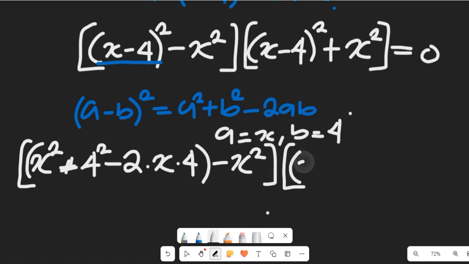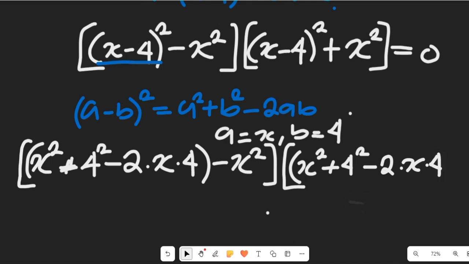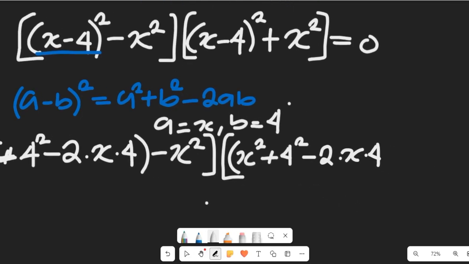That expression will give us x squared plus 4 squared, right, minus 2 multiplied by x multiplied by 4, right, close bracket, plus x squared, and all these will be equal to 0.